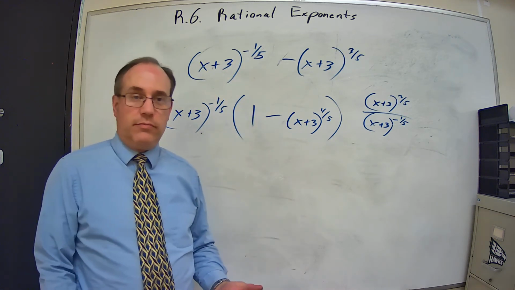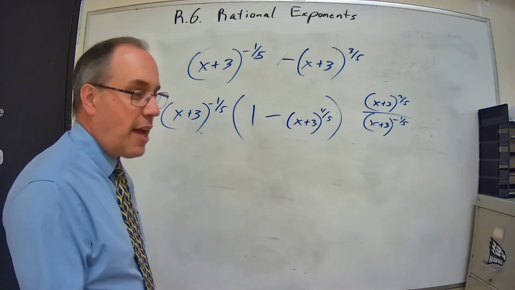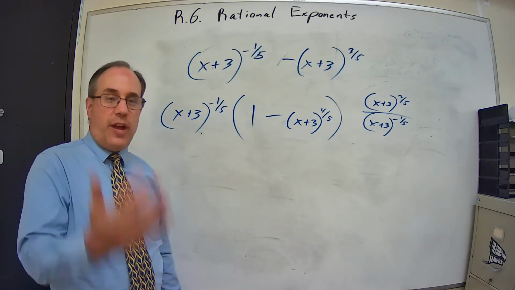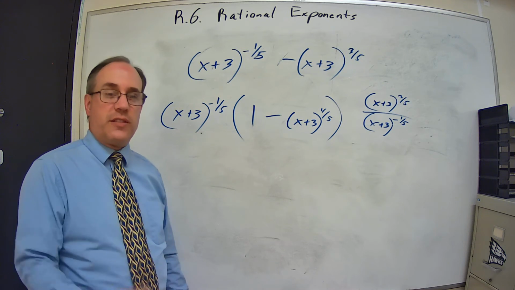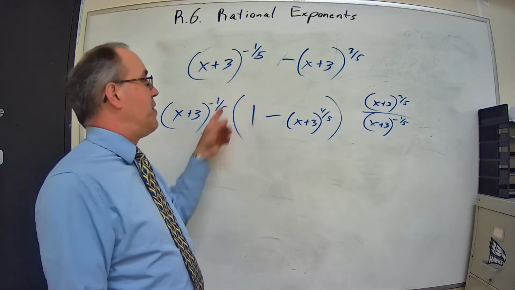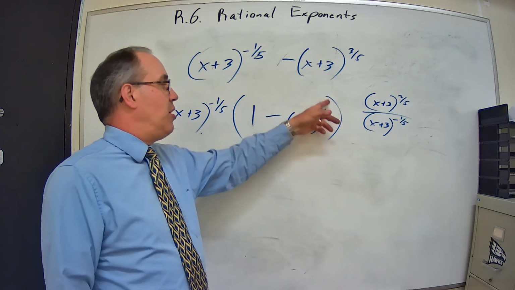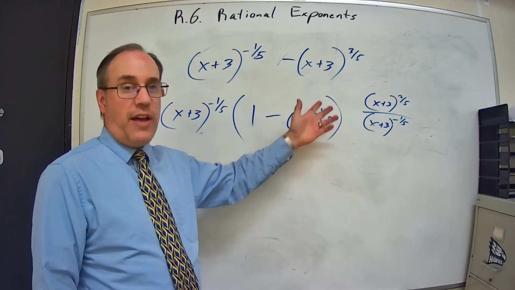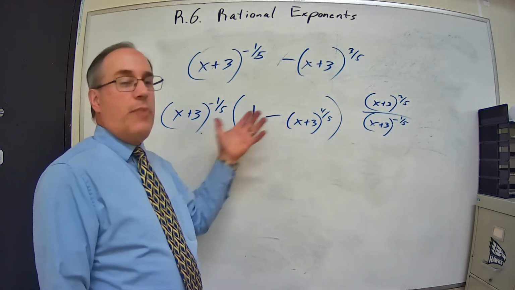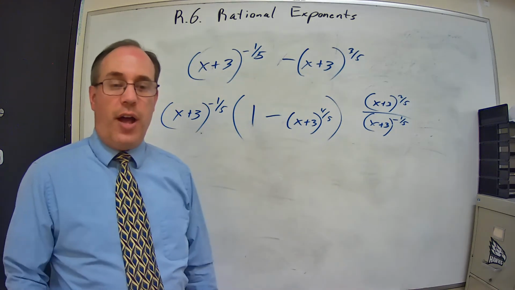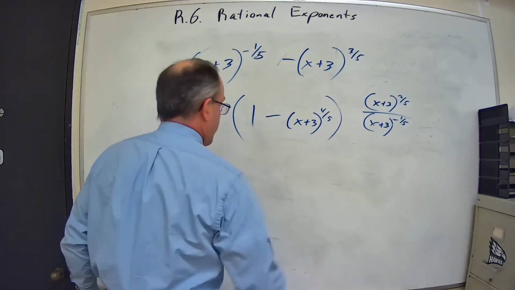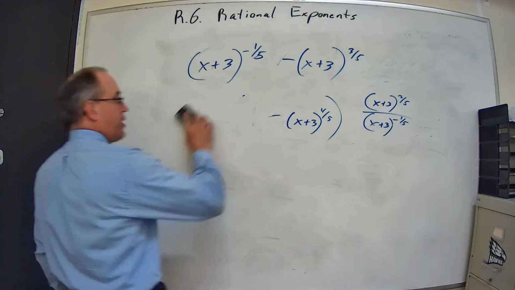Don't do that. There are times where in solving rational expressions you may want to do things like that, because if we had done that, then this would have turned into x plus 3 to the 5/5 or 1, which may help us later on. But when you're factoring it, don't do that.